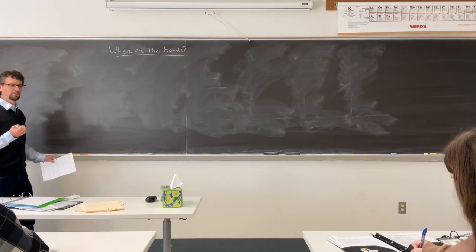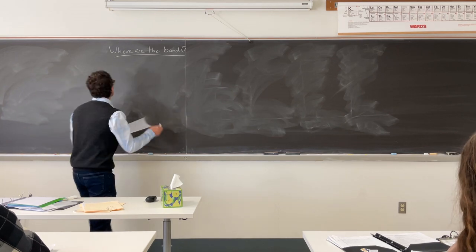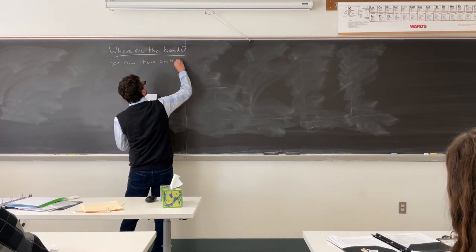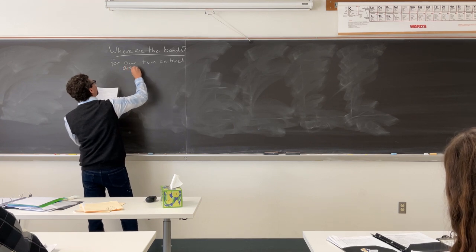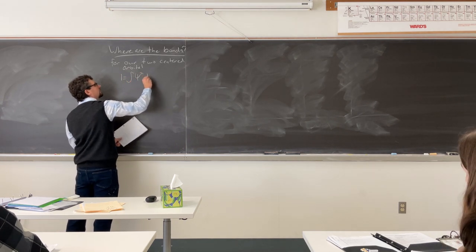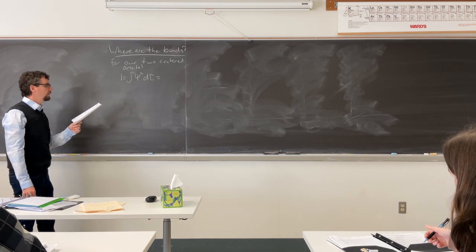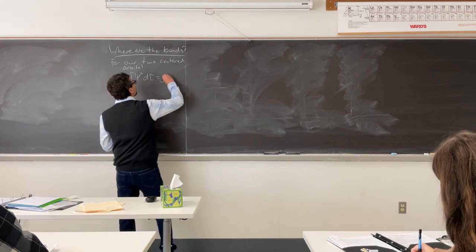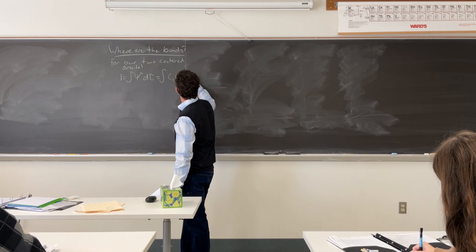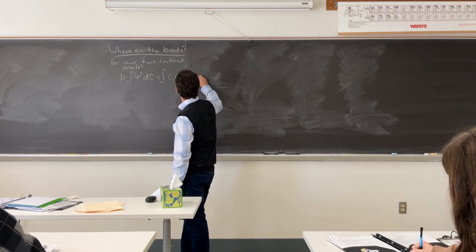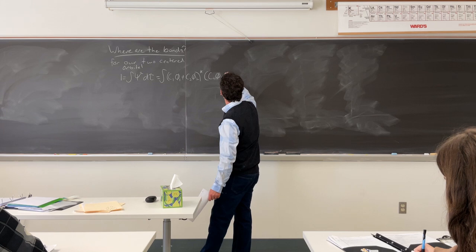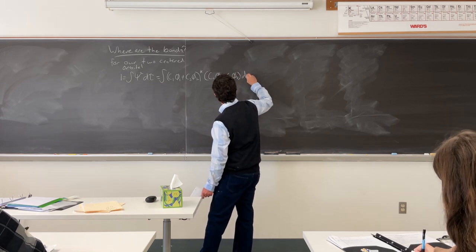Okay, so if we think back to the Mulliken population analysis, for a two-centered orbital, we had one which was equal to the integral of psi squared d tau, and then we expanded this out using linear combination of atomic orbitals, psi star psi d tau.